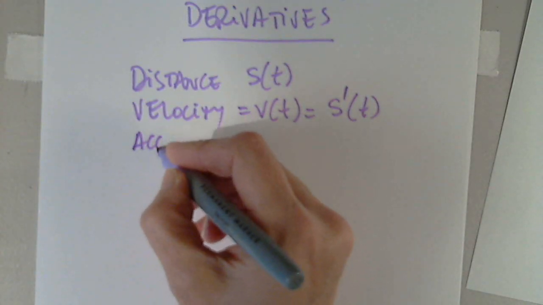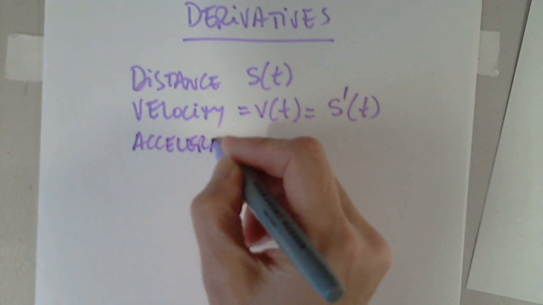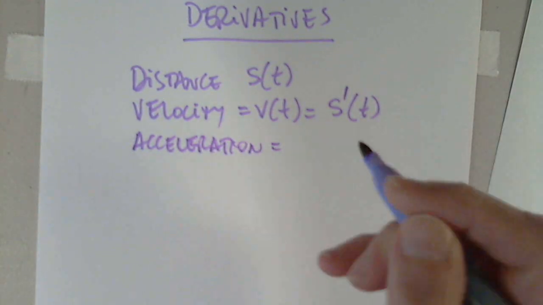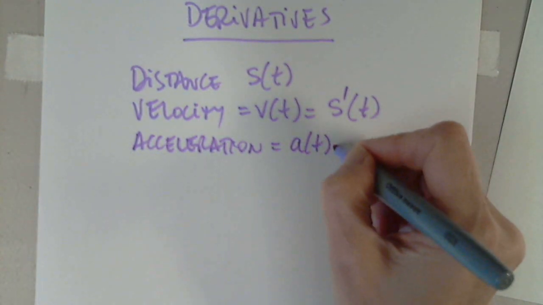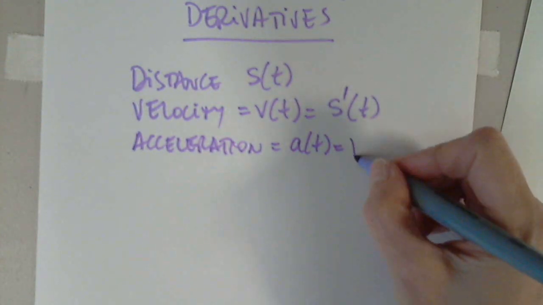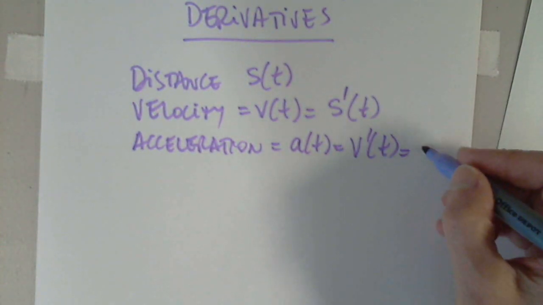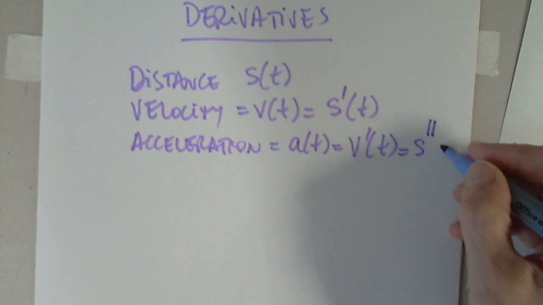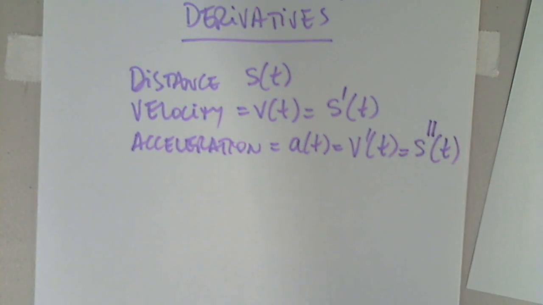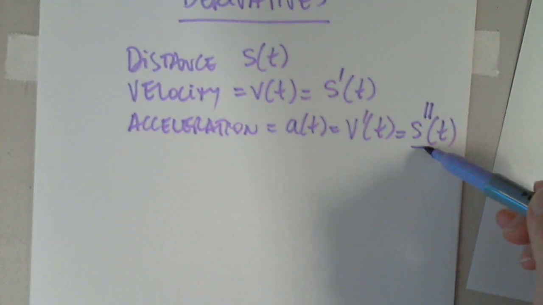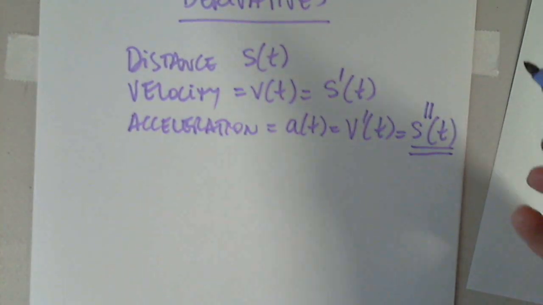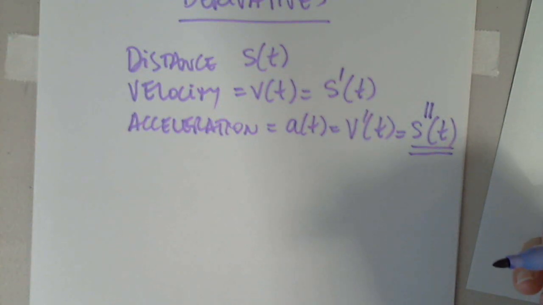But the acceleration, which is a of t, is the first derivative of the velocity, but at the same time is the second derivative of the distance. And when we talk about higher order derivatives, we are talking about the second, the third, the fourth, the fifth derivative.